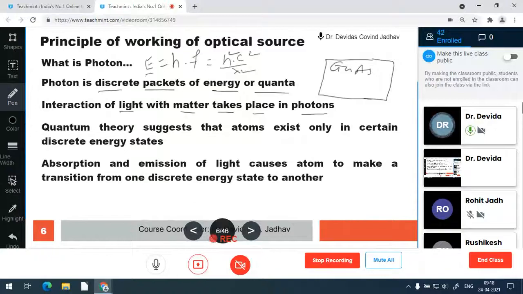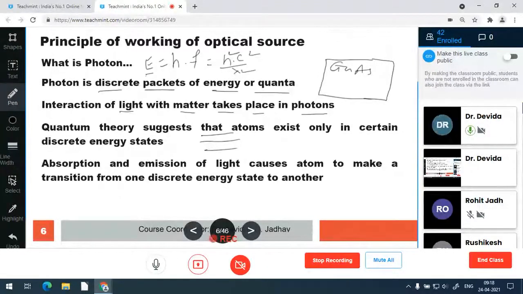Quantum theory suggests that atoms exist only in certain discrete energy levels. So only certain discrete energy levels are there: conduction energy level, valence energy level, and below the valence energy level some discrete energy levels. Out of all of them, we always focus on the valence energy level and the conduction energy level.